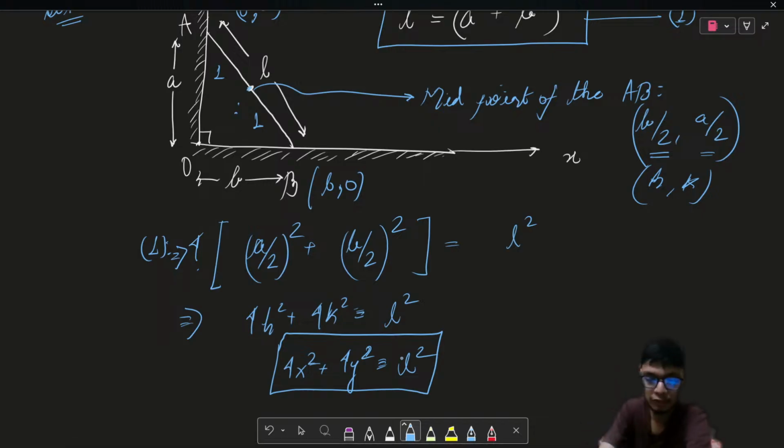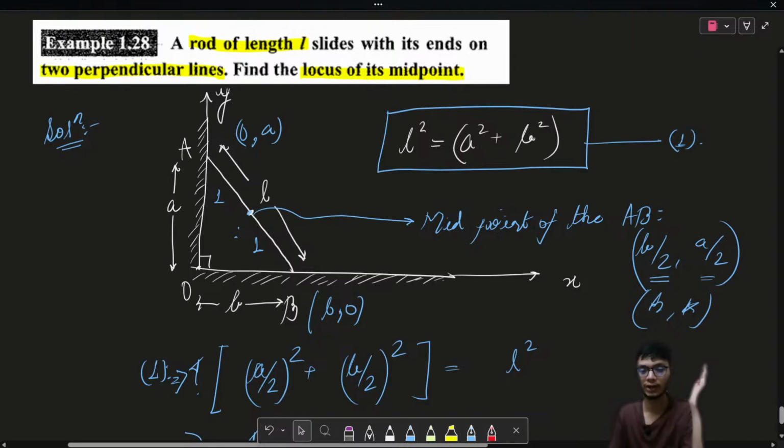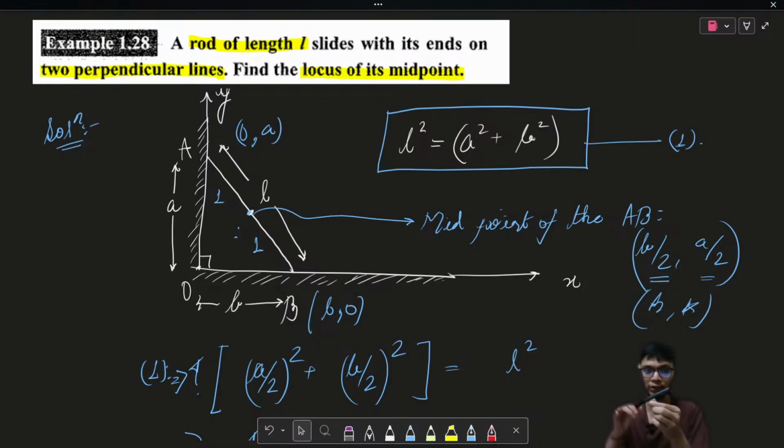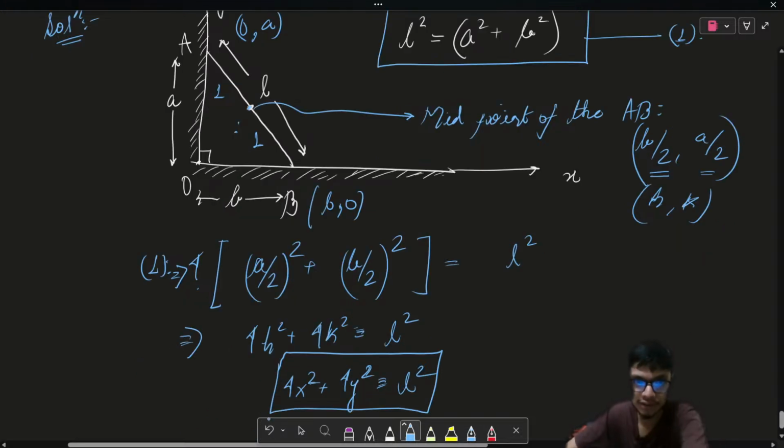So if you observe carefully a ladder which is placed on a wall and is sliding down slowly, and you track the midpoint, you will see that the midpoint is definitely going to follow a locus of a circle, whose center would be at the origin also. So this circle will have its center at the origin, something like this.